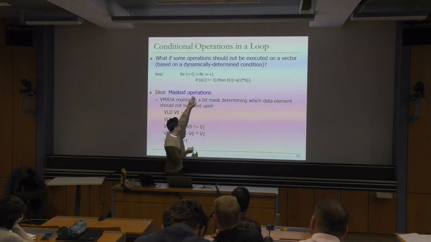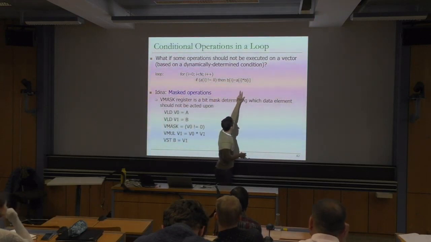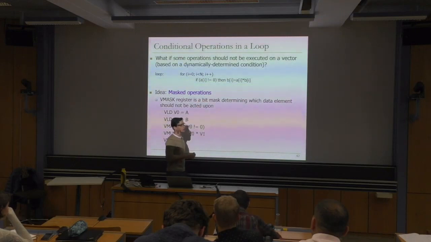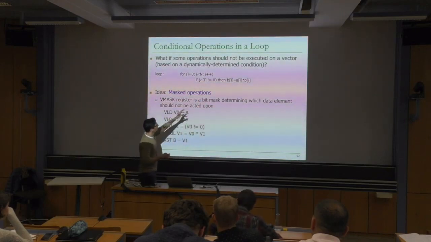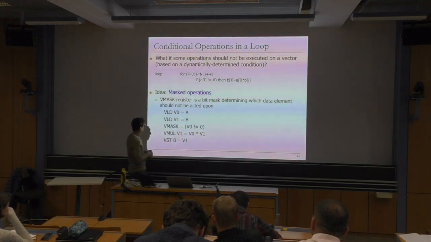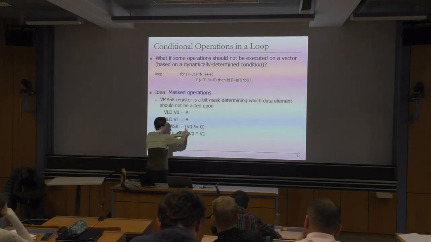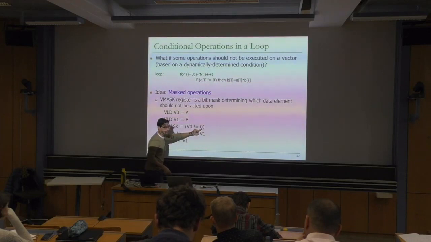So for example here, we only want to perform this computation in case that A[i] is not 0. So what we do here is we first read a few elements from array A and from array B, and now we compare all the elements that we have in V0 to 0.